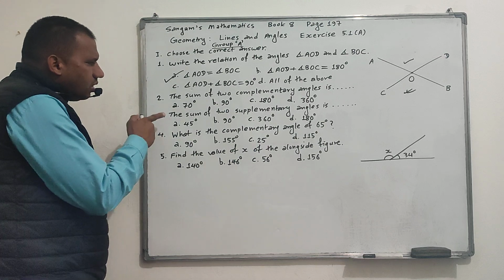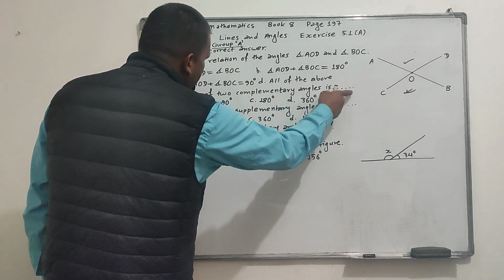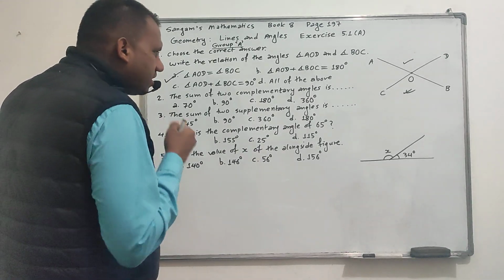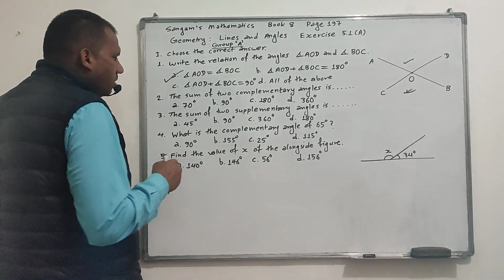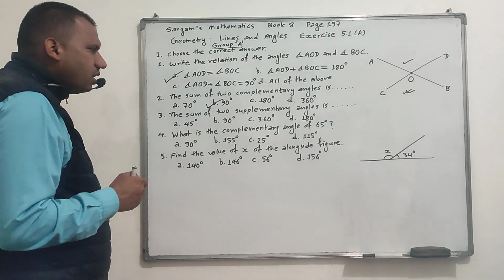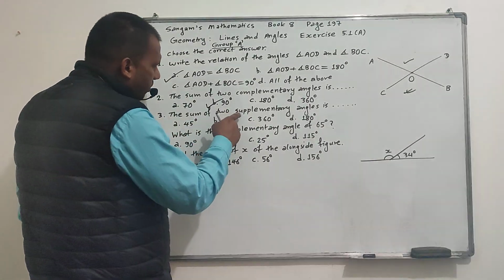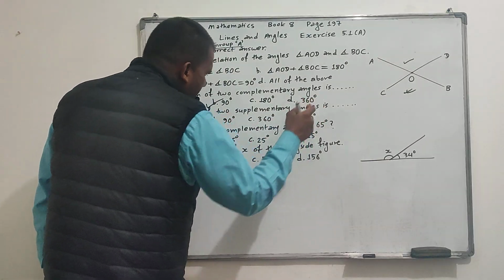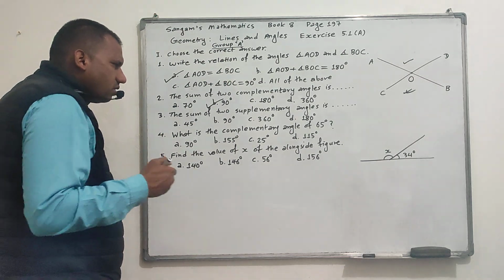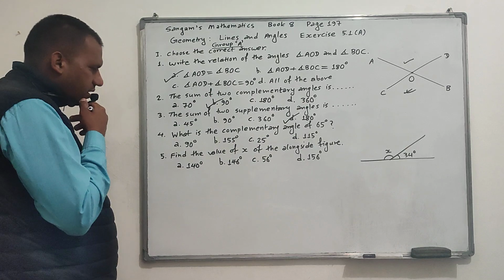Now number 2, the sum of two complementary angles is dot dot dot. The sum of two complementary angles is 90 degrees. So option B is the correct answer. Now number 3, the sum of two supplementary angles is, in supplementary angles the sum is 180 degrees. So option D, 180 degrees, is the correct answer.